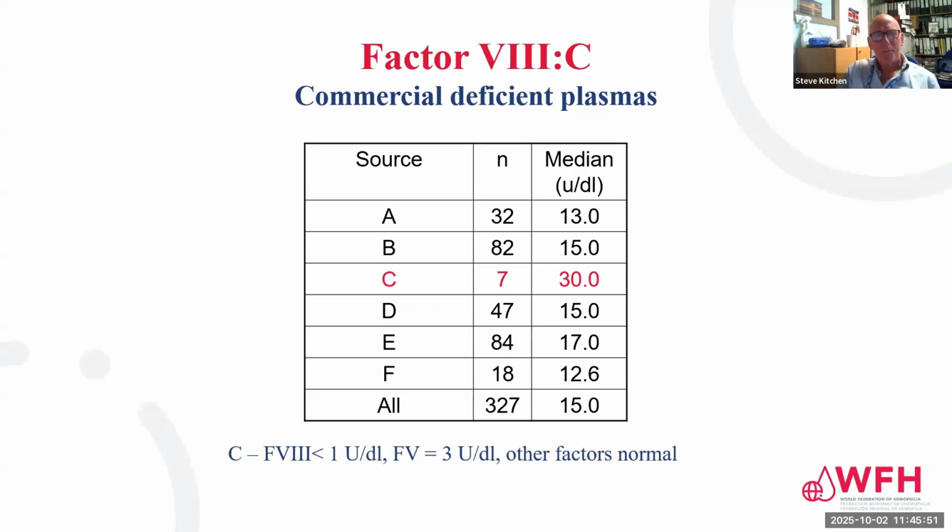Good, fantastic. But it was also deficient in factor V, not completely, but there was only a small amount of factor V in the deficient plasma. So it was creating a non-specific assay, and that was the reason for this difference. So we can use this kind of data, I think, to help focus investigation. Next slide, please.